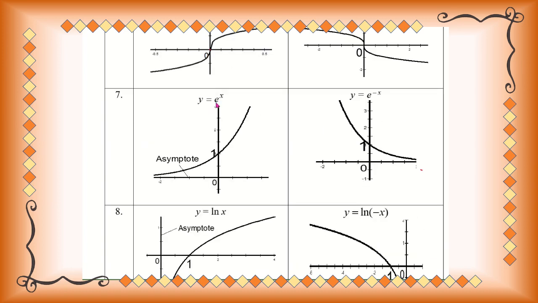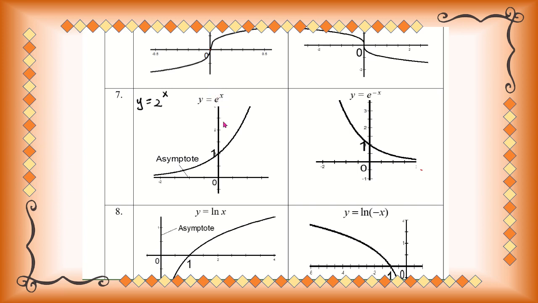Next, there is e to the power of x. e to the power of x is the exponential. Exponential is something like the index that you have learned before. For example, y equals 2 to the power of x. The only difference is that for 2 to the power of x, the base is 2, and when you come to e to the power of x, the base is e.